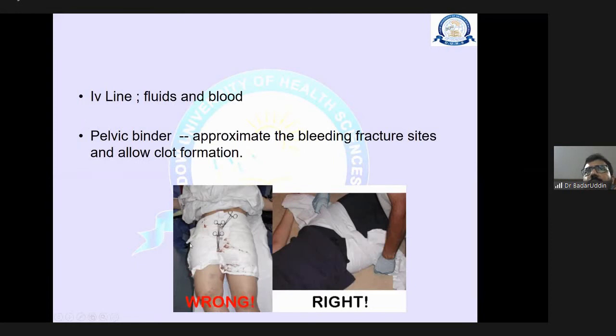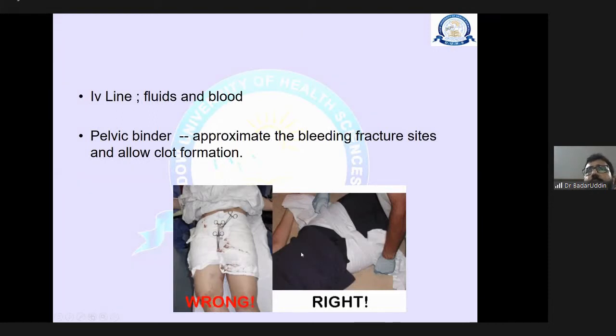If you apply this pelvic binder just over the pelvis, it doesn't provide compression of the pelvis. But if you apply the binder around the greater trochanter, it will close the pelvic volume. So the bleeding from the veins becomes closed, and due to the pressure, the hematoma becomes organized and a clot forms. So bleeding will stop. This is the simpler method you can do in an emergency.